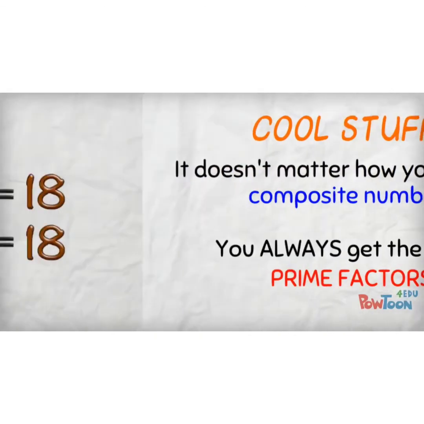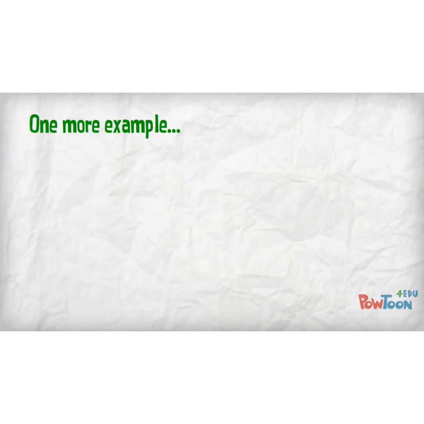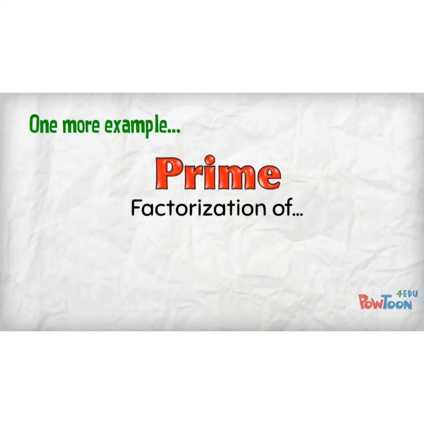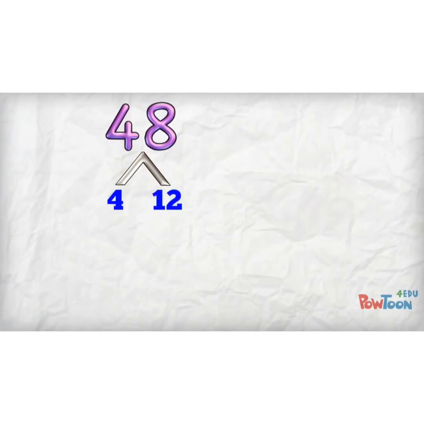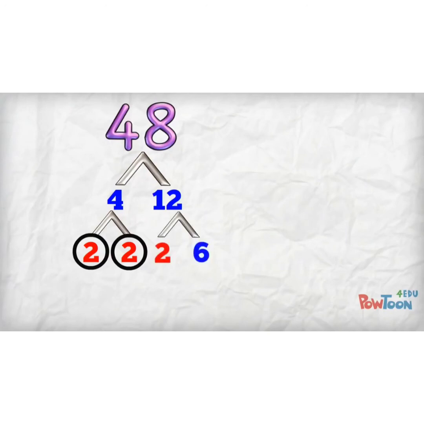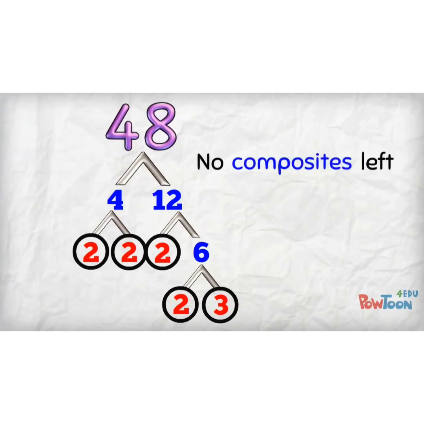Let us take one more example. We'll be finding the prime factorization of 48. I know 4 times 12 is 48. This time I have two composite numbers to work on, the 4 and 12. 4 comes from 2 times 2. 2 is a prime number, so I circle them and move on to 12. 12 comes from 2 times 6, and 6 is from 2 times 3.